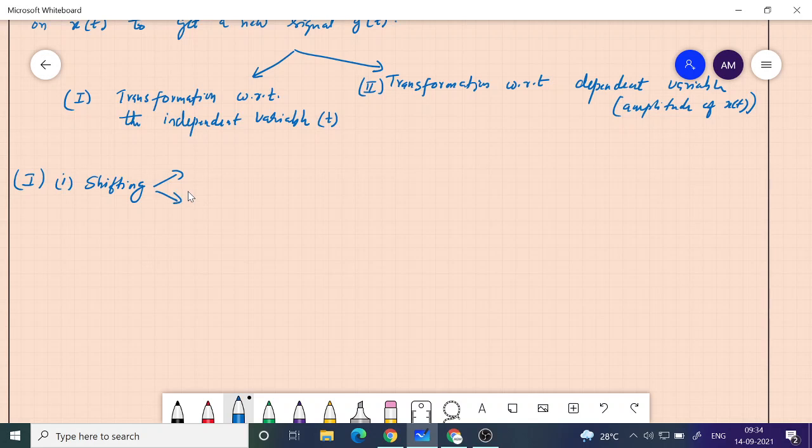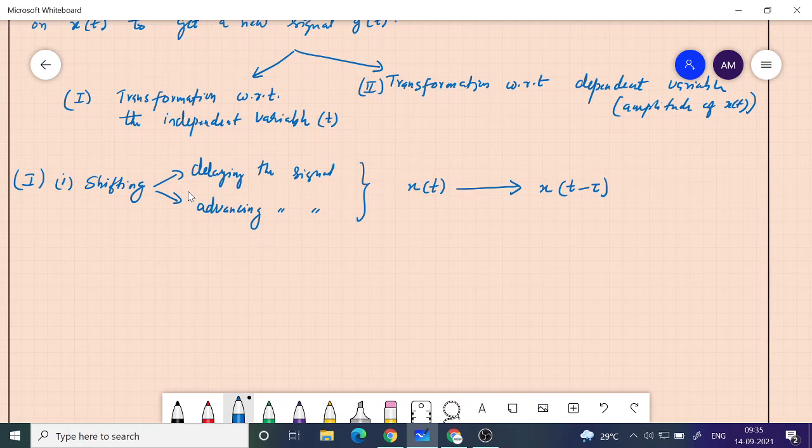One is delaying the signal, or advancing the signal. So mathematically what is it? x of t will go to x of t minus tau.